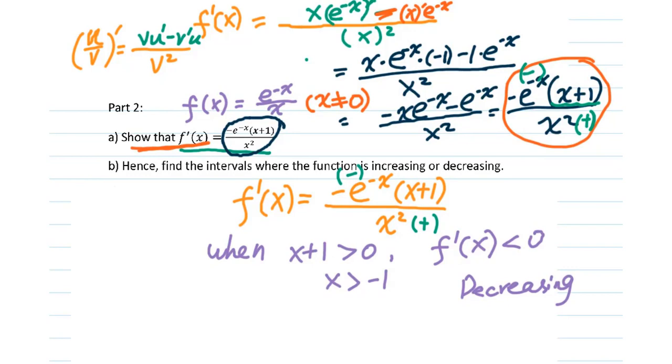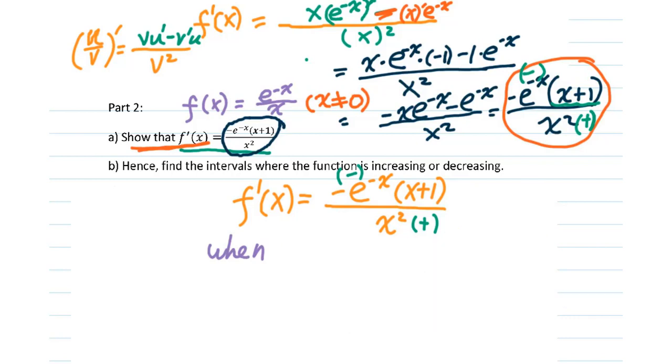But remember, x cannot be 0. So you can write down the interval as from negative 1 to 0, then union the set from 0 to infinity. In this interval, the function is decreasing.